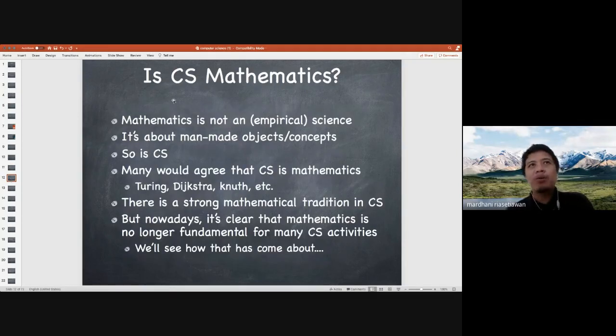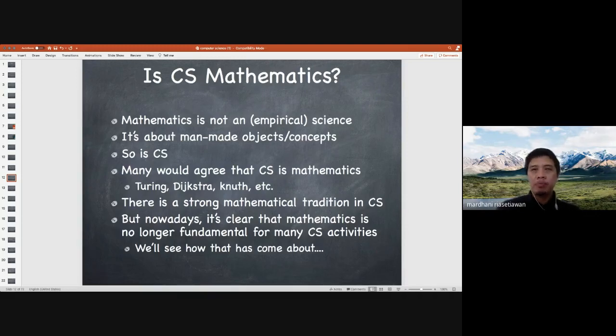We also have the same kind of question: is computer science mathematics? When you look at mathematics, it's the area of discussion about numbers that have empirical patterns, and also a logical way to proceed or compute something, and then we reach a conclusion. So mathematics is not an empirical science.